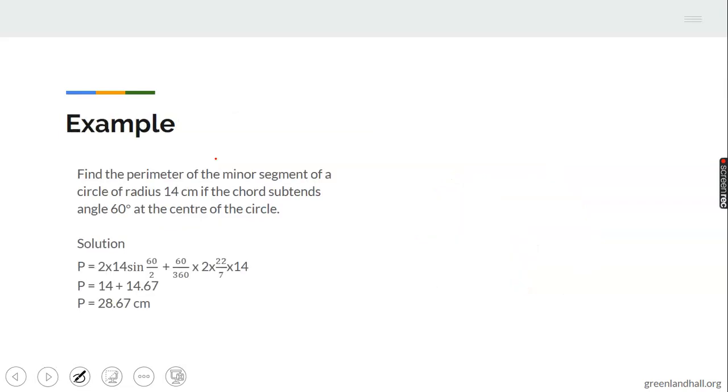So let's do this example. Find the perimeter of a minor segment of a circle of radius 7 if the chord subtends an angle of 60 at the center.